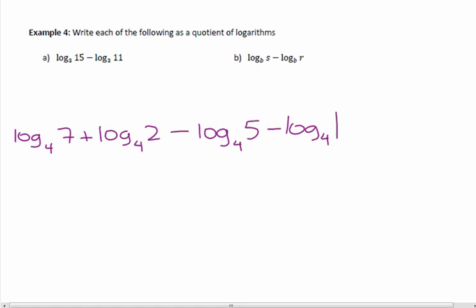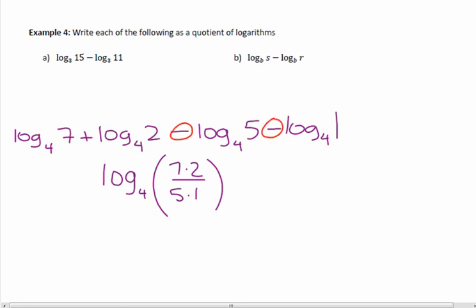Okay? So here, which ones, if I want to write this all under one log, I could do this in one step fairly easily. So who would be on the numerator? 7 times 2, and who would be on the bottom? 5 and 1. 5 times 1. So you can just see, based on the sign in front of the log, if it's going to be on the numerator or the denominator, and this is positive up front. The reason why is you could also write it as, so you can factor out the negative here.